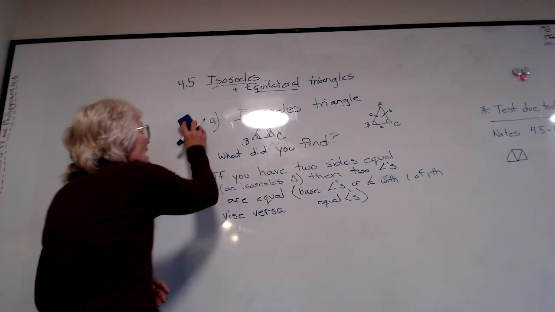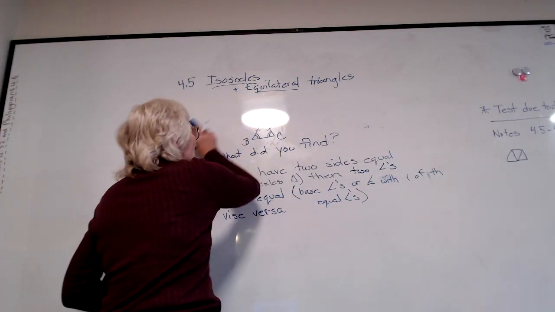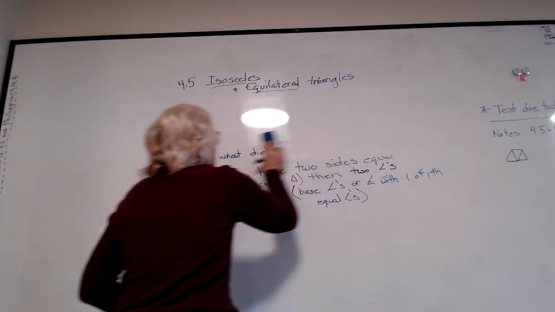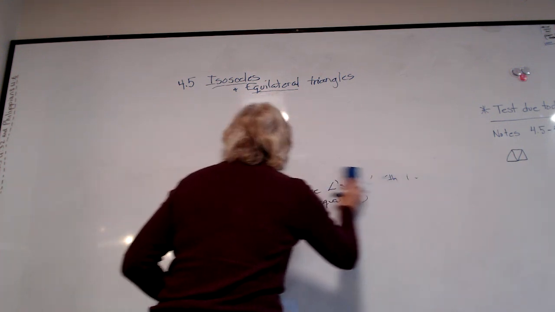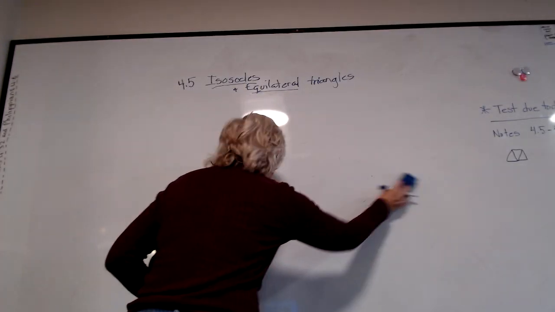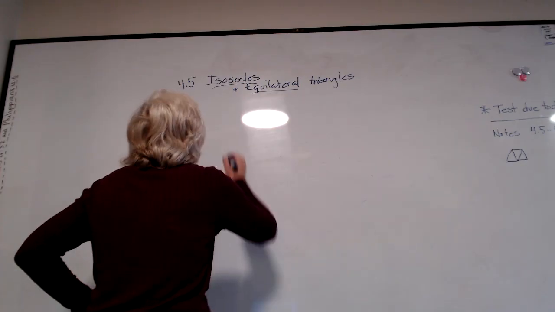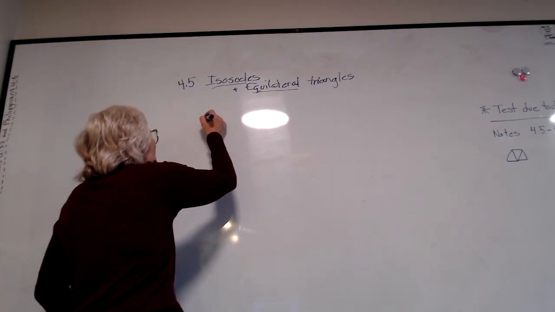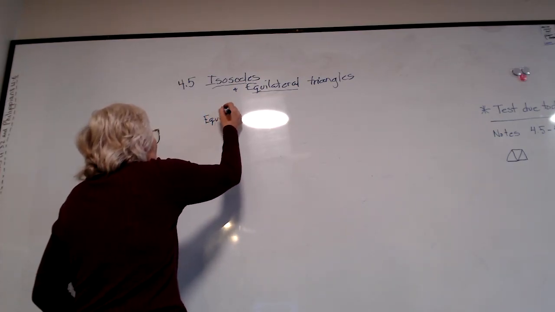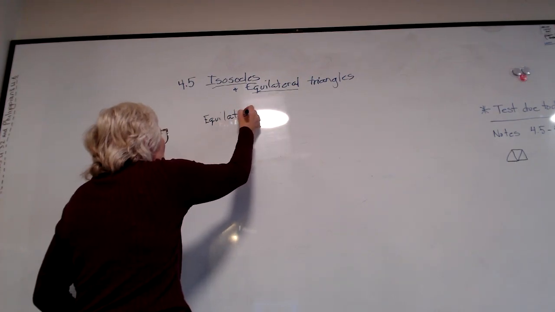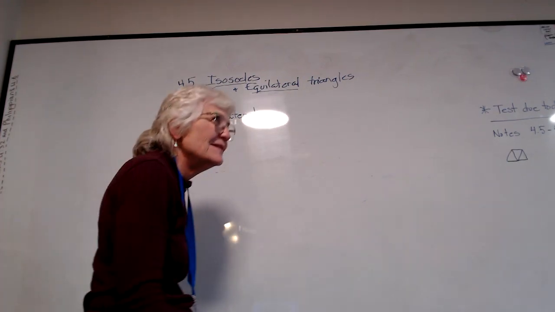Okay, so let's now check for an equilateral triangle. I think Lucas already drew his equilateral triangle because he made it that way. Okay, so I want you to draw an equilateral triangle. This is harder to draw.